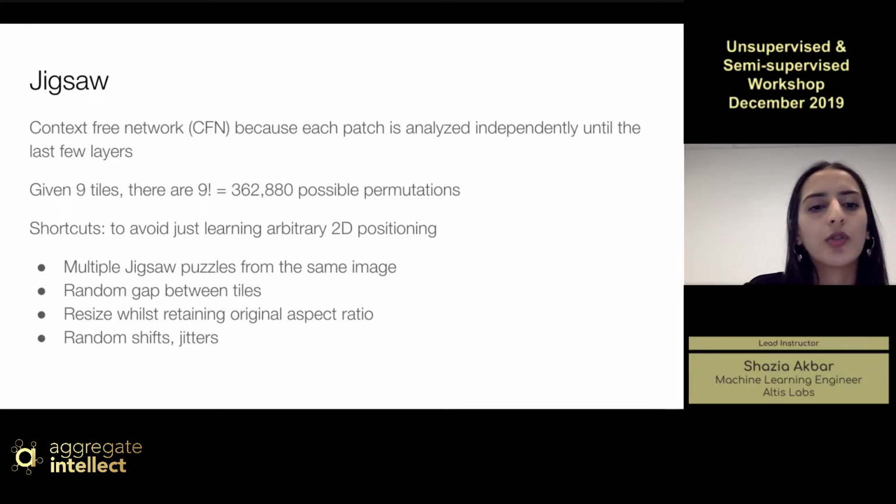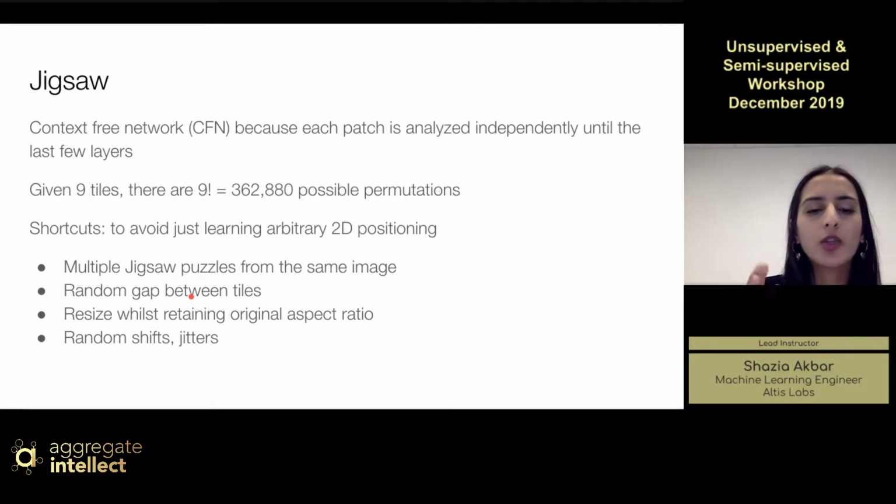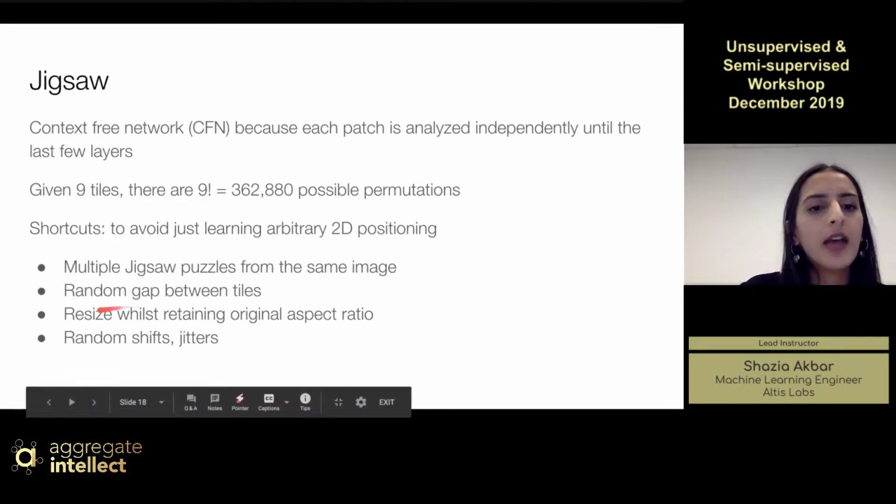In order to do that, they had some interesting techniques for introducing random gaps between tiles. They took bigger patches and then took smaller patches from those bigger patches when they were selecting tiles, and also added some random shifts and jitters. So there's a lot of techniques used to avoid overfitting within the network itself.